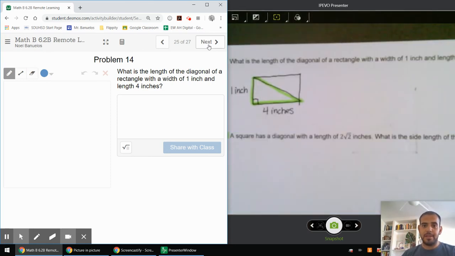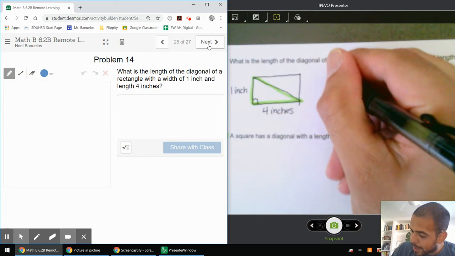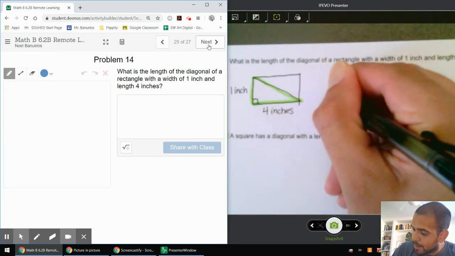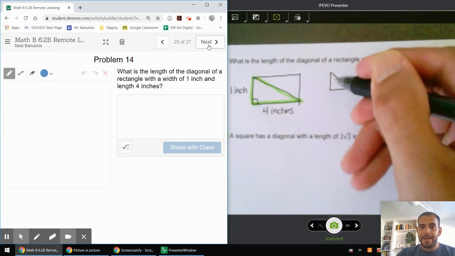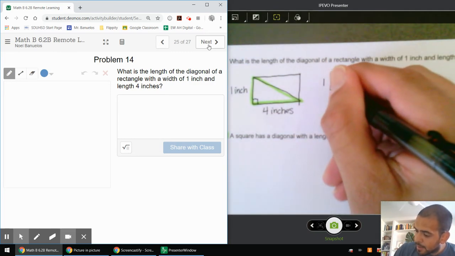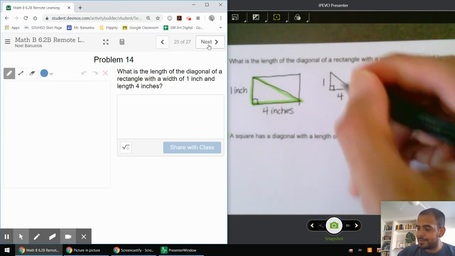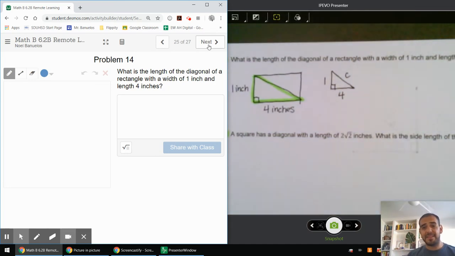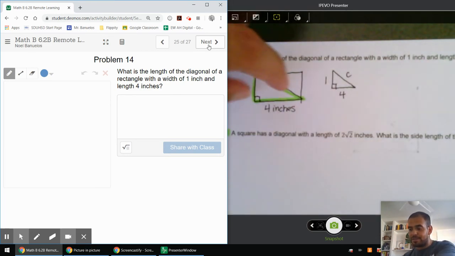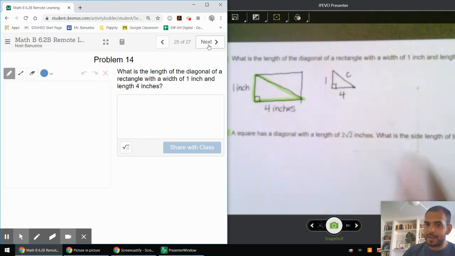So essentially, you're going to apply the Pythagorean theorem. The height of this triangle is 1 inch. The base of it is 4 inches. So really, you're finding the hypotenuse, C. You're going to find the length of the diagonal. Basically, I just took this picture and put it over here. All right, let's find the length of this diagonal.